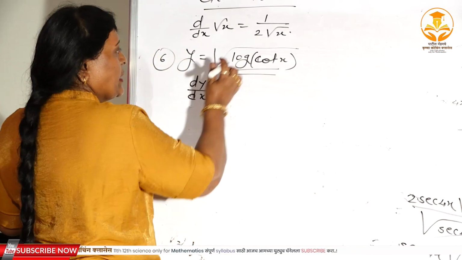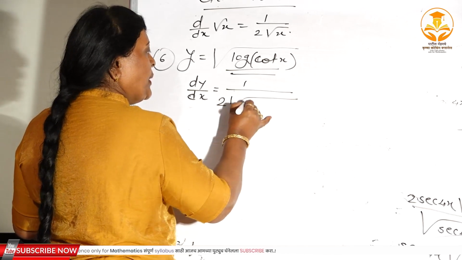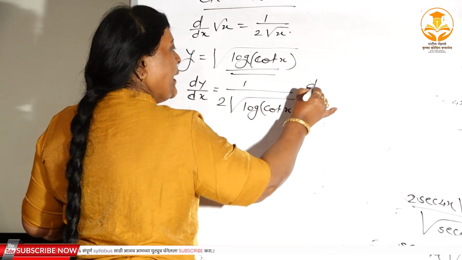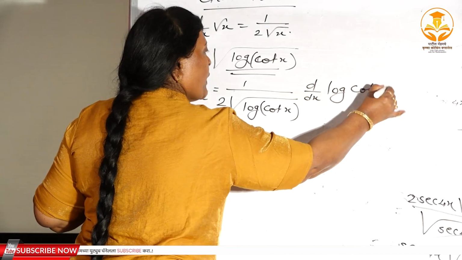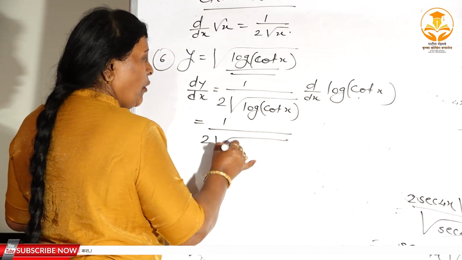See, this is u. The derivative of root u is 1/2 root u, means log of cot x, right? Again d dx of log of cot x, right? Now 1/2 root of log of cot x.